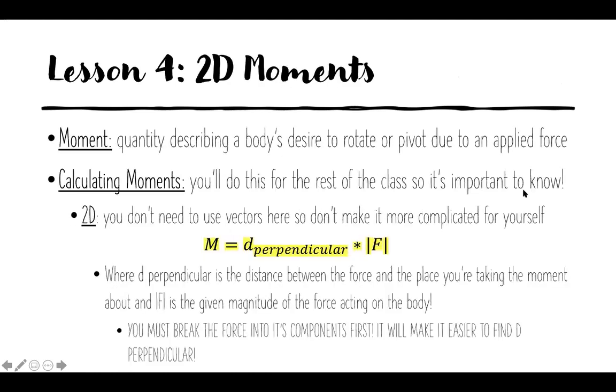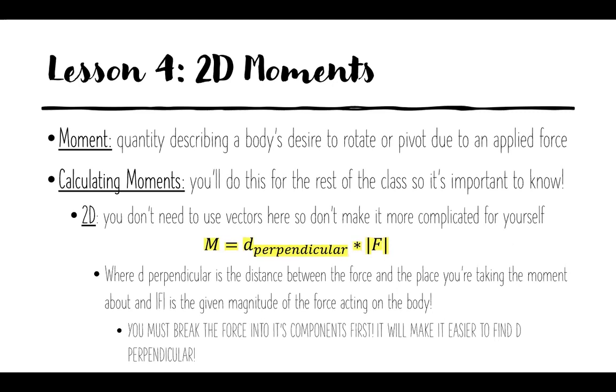Okay. So lesson 4 talks about 2D moments. This is the first time a moment is introduced in the lesson sections. I don't know if you guys remember what a moment is, but it's essentially a quantity describing how a force makes a body want to rotate, right?